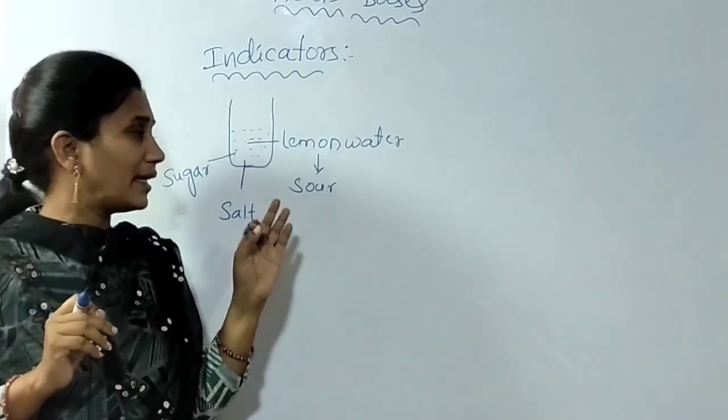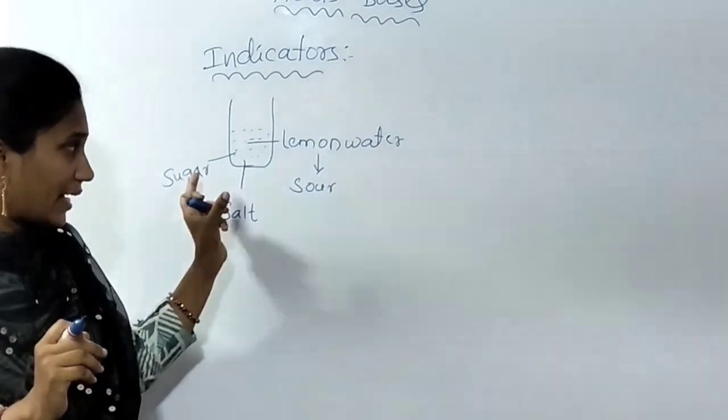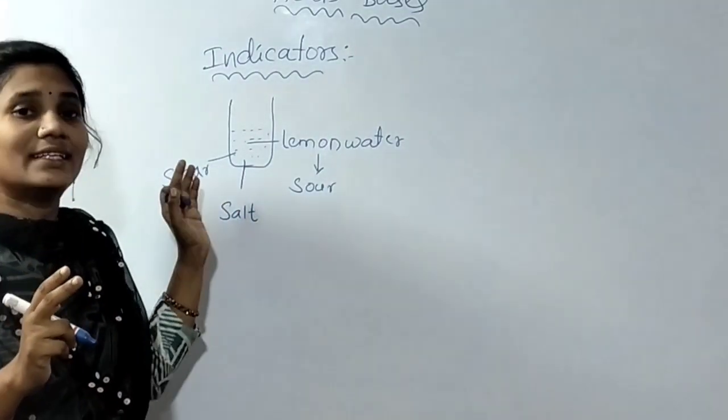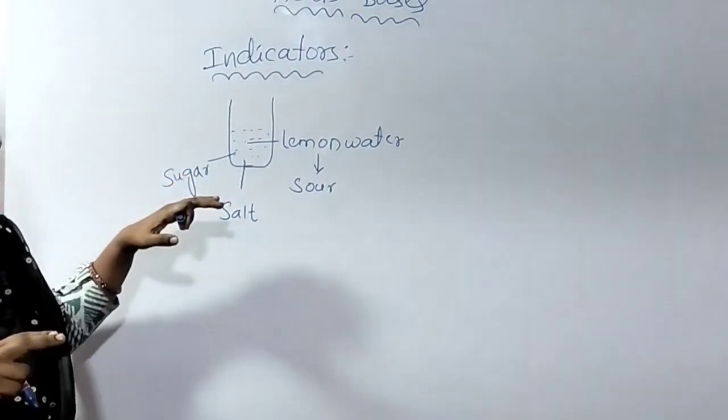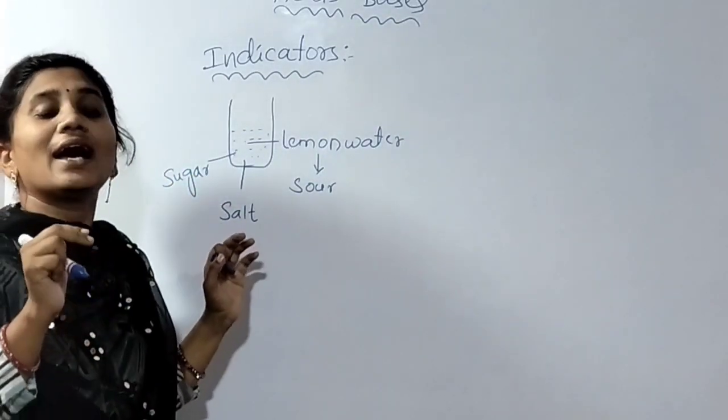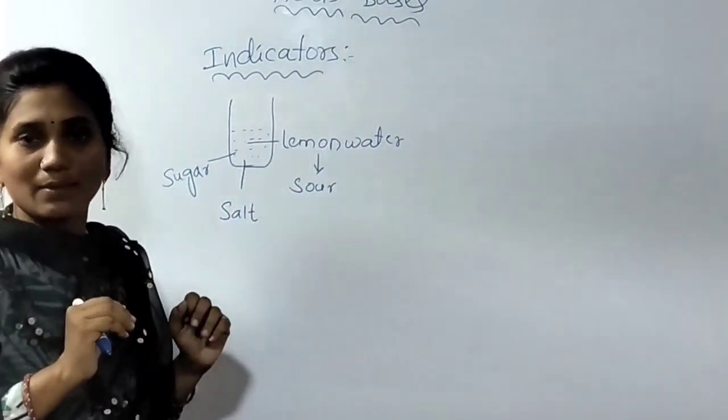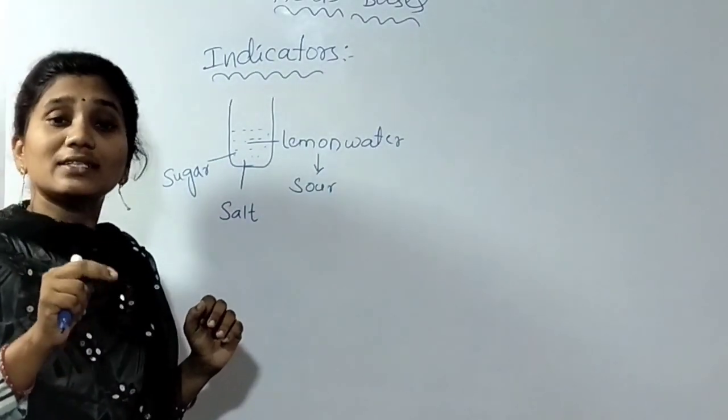In the same way, have you observed any time whether there is a change in the color? Here, whenever we took 2 types of substances, the taste changed. The taste of the solution changed when it was added to another substance. But what about the color?